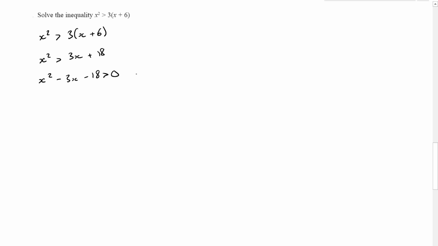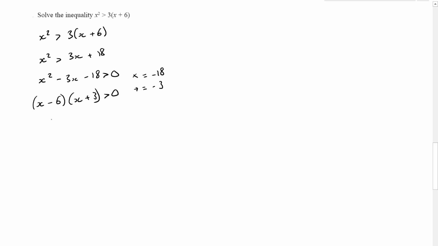So we're looking for two numbers that multiply to give minus 18 and add to give minus 3. And that's going to be minus 6 and plus 3. So (x minus 6)(x plus 3) is greater than 0.